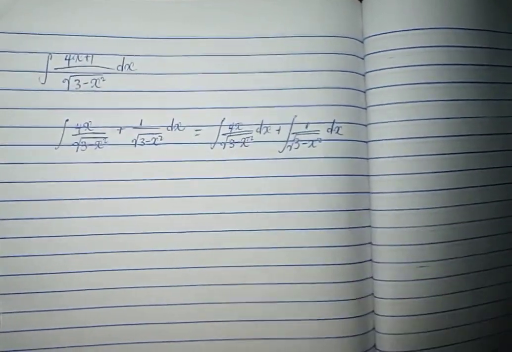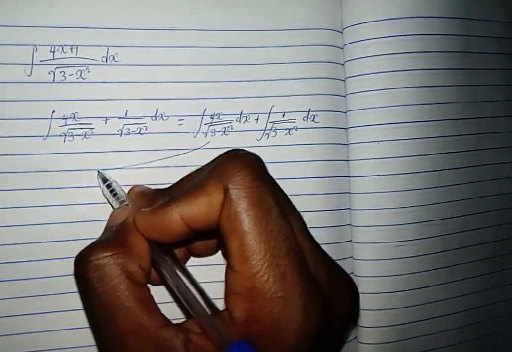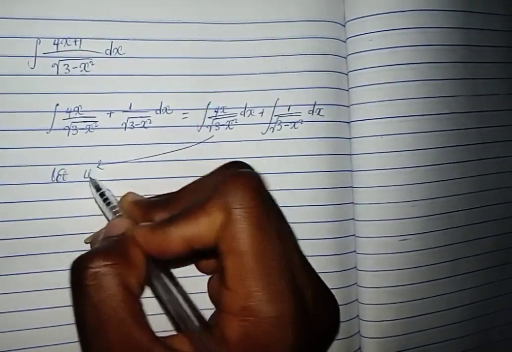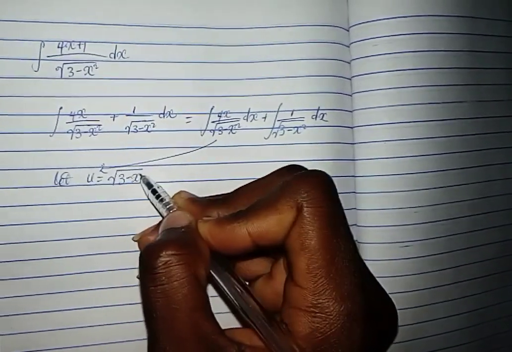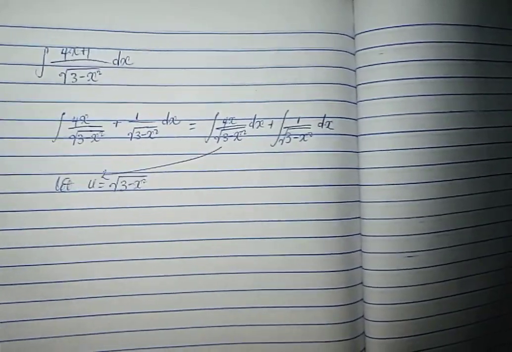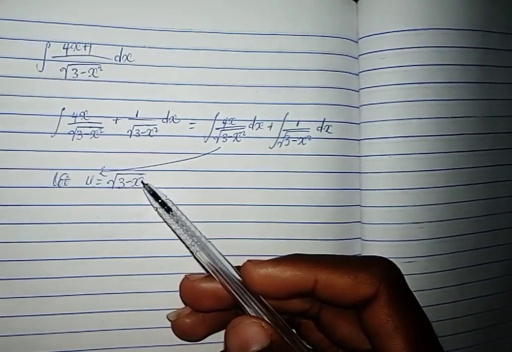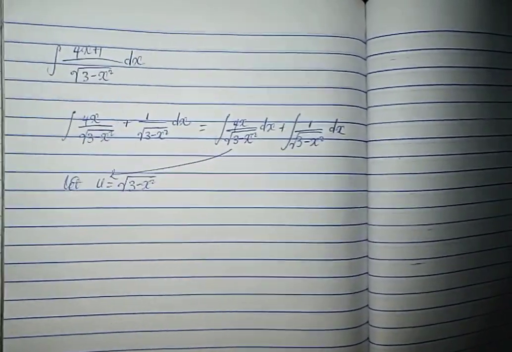We can solve this by the u substitution method. Let u equal the square root of 3 minus x squared. By using the chain rule, we know this is 3 minus x squared in a bracket raised to the power of 1 over 2.